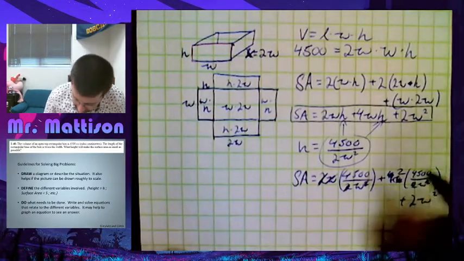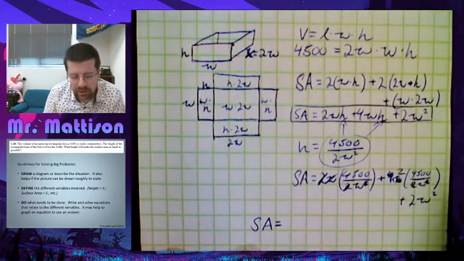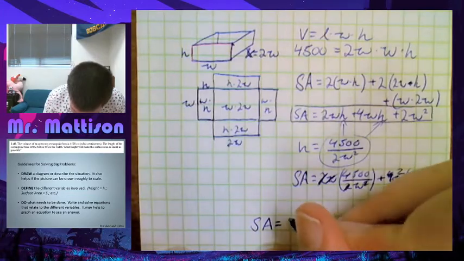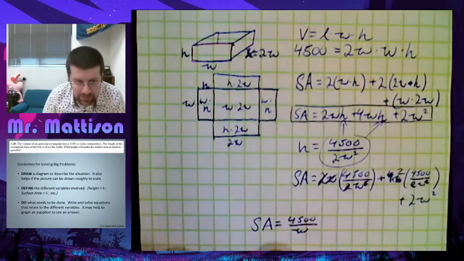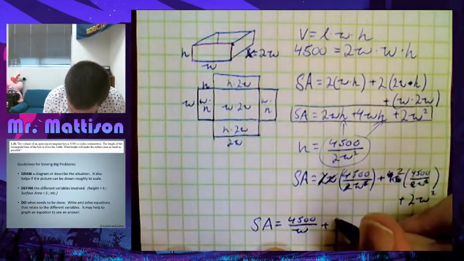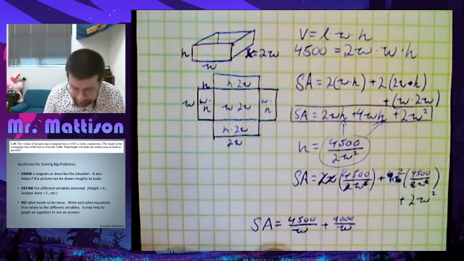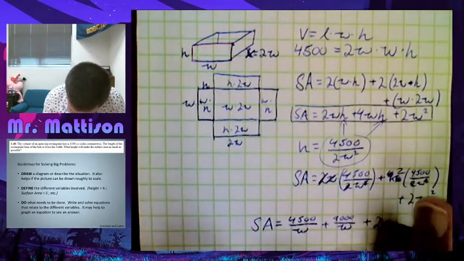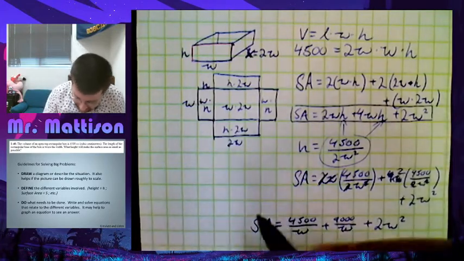So cleaning all of that up, I'm going to end up with a surface area of 4,500 over W, plus, well, 2 times 4,500 is going to be 9,000 over W, plus 2W squared. So that is my equation for surface area.